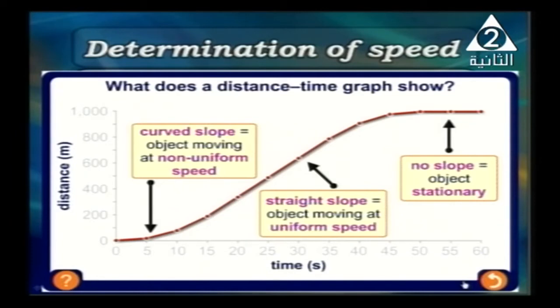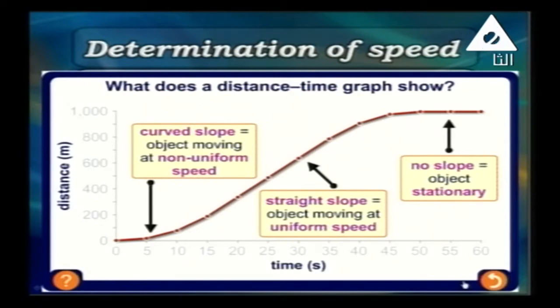Where there is no slope, the object is stationary. Stationary means at rest, at the 0 point without moving, in the stopping or rest case. So with the curved slope we have non-uniform speed, and we have uniform speed and the stationary case, where the body is at rest in this part.